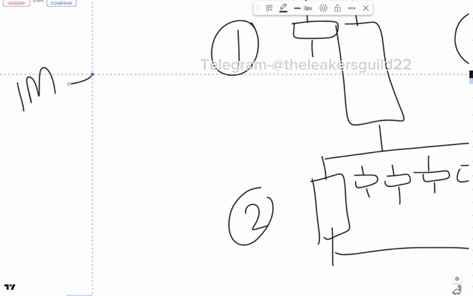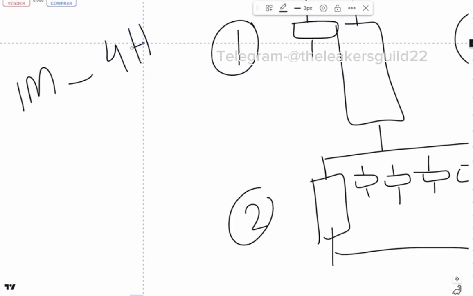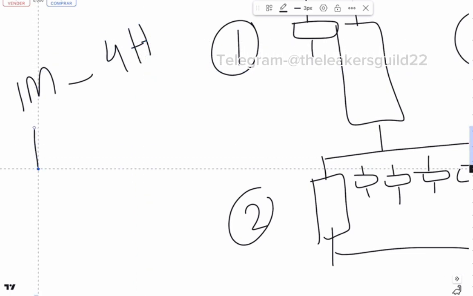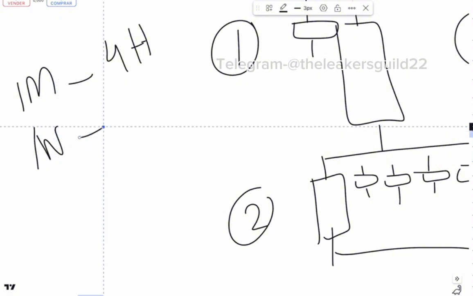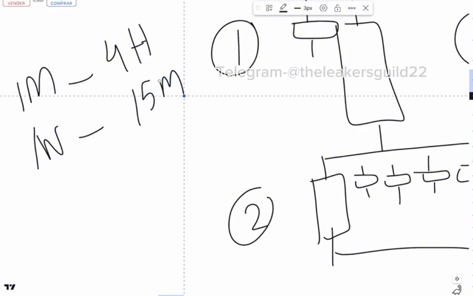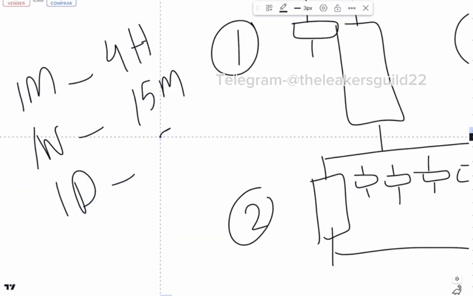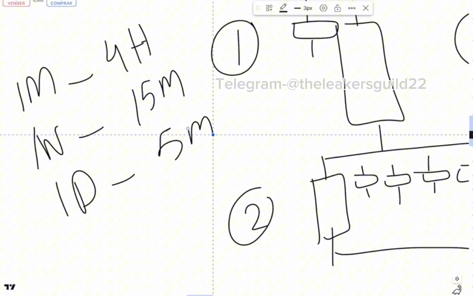Remember the entries? Model 1, breaker, and OTE, anchors of death. For the monthly candle, you're going to try and go down to the 4 hour. Look for model 1 over there, right? The 1 week, you're going to look down into the 15-minute model number 1. The daily candle, you're going to look into a 5-minute model number 1, right?